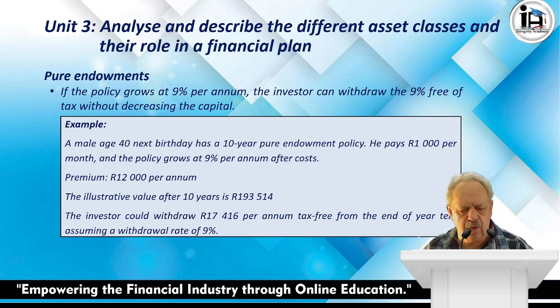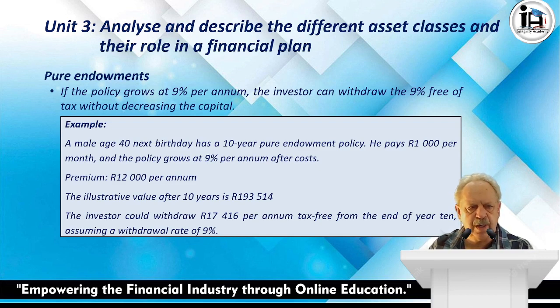Let's just have a look at a pure endowment and an example of it. If the policy grows at, let's say, 9% per annum, the investor can withdraw the 9% free of tax without decreasing the capital. Let's say a male age 40, age next birthday, has a 10-year pure endowment policy.